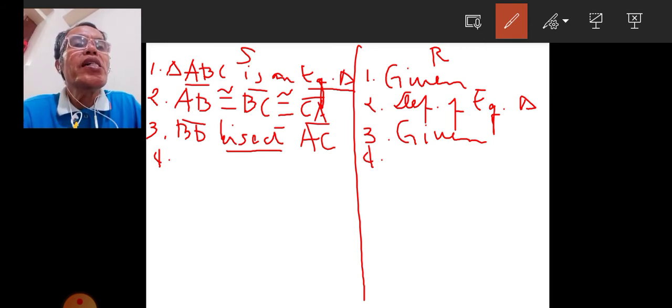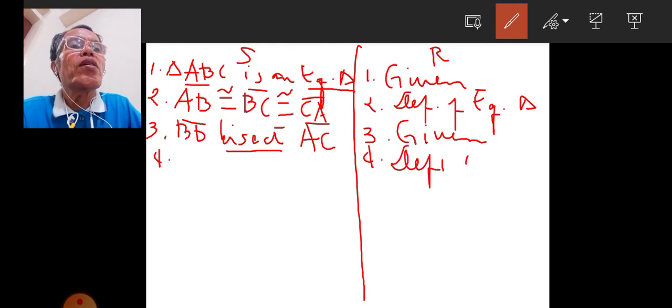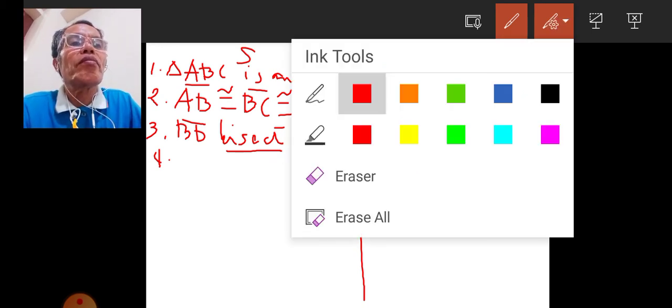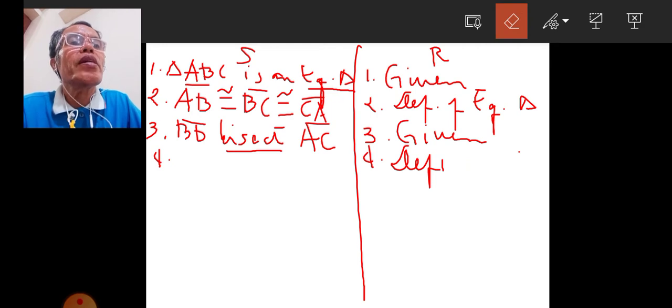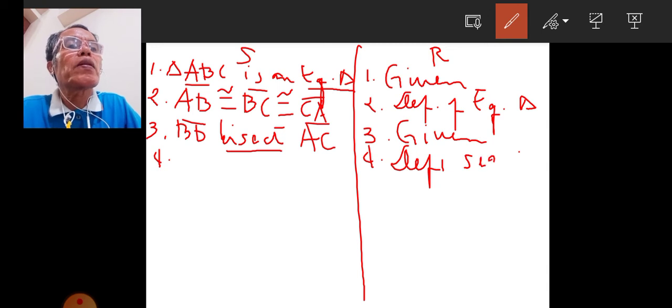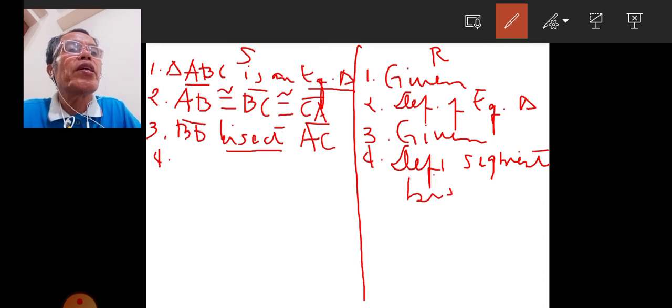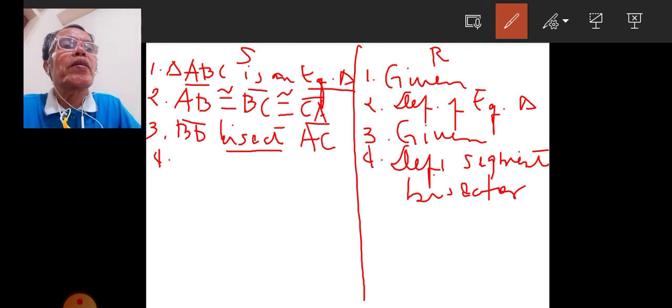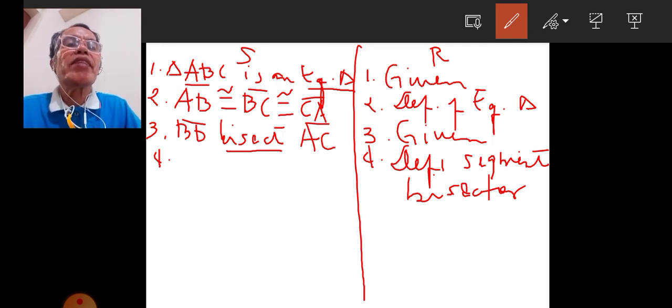So you are now going to have your reason for number 4, definition of segment bisector. So what is the role of the segment bisector? It divides the segment into two congruent segments.